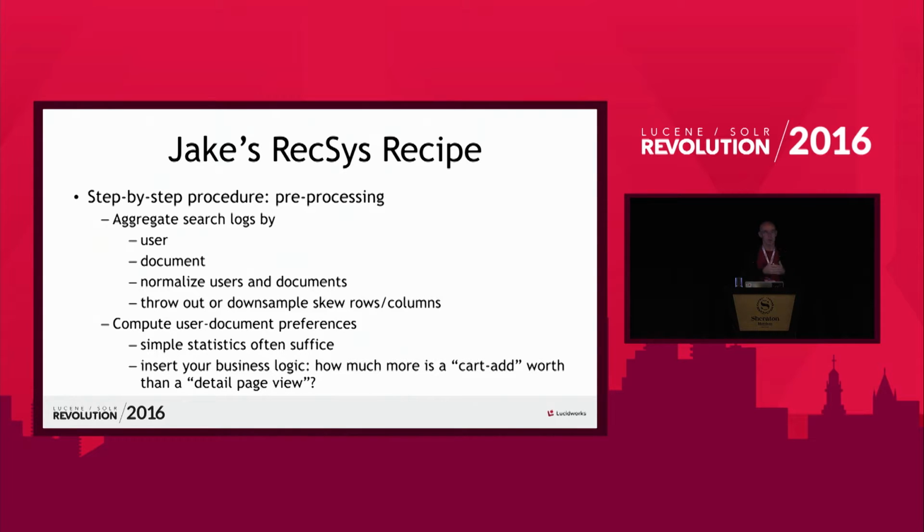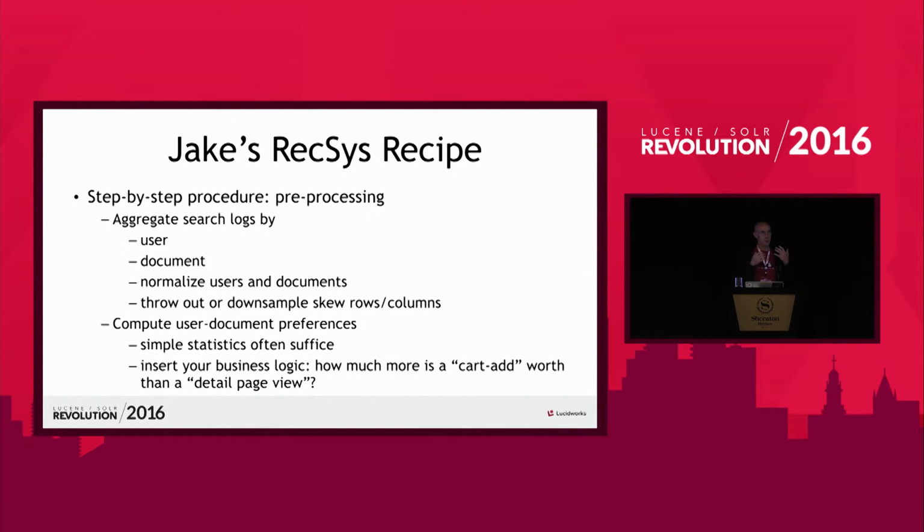Just generate simple probabilities of the number of times they were presented with this kind of item and whether or not they engaged with it. Sometimes you need to do something more if that's very sparse, but oftentimes log counting, if there's lots of engagement, is really all you need to do.